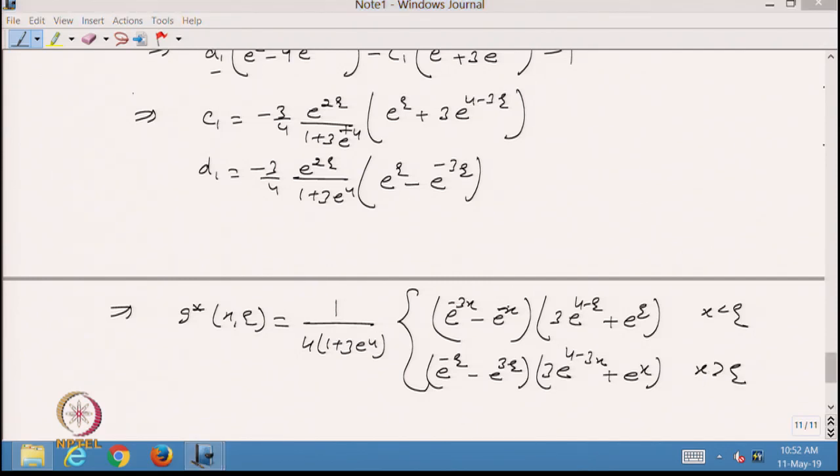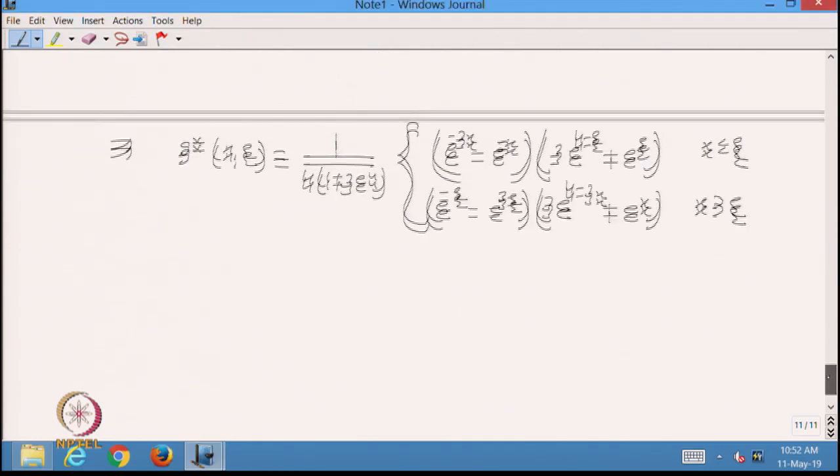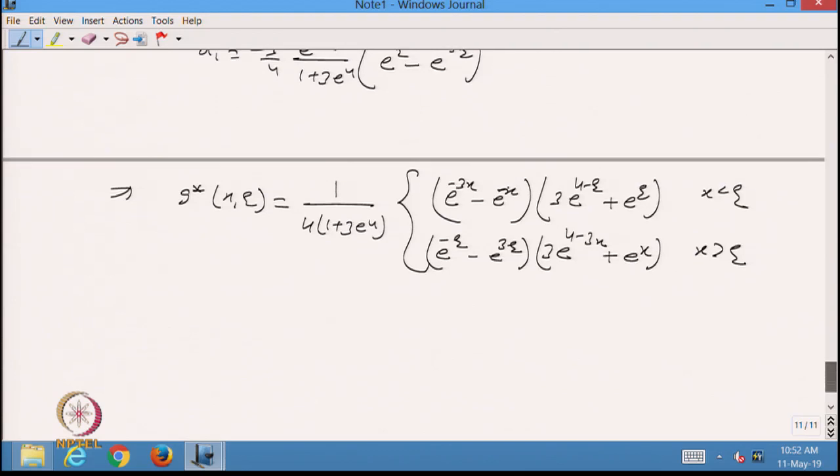And from here, so if you see, now in this case what I do is, I will try to find out what will be the value of G star xi x, just changing the variables x and xi. Then from here I can write this is 1 over 4 times 1 plus 3 e raised to power 4.